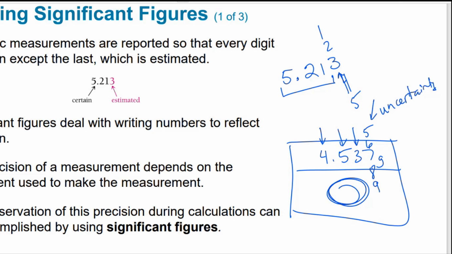And so we want to report our numbers to the correct number of significant figures. So this lump of coal weighs 4.537 grams, but we know that the 7 is uncertain. If we write down 4.5372 grams, then this is wrong because we don't know anything about that digit.